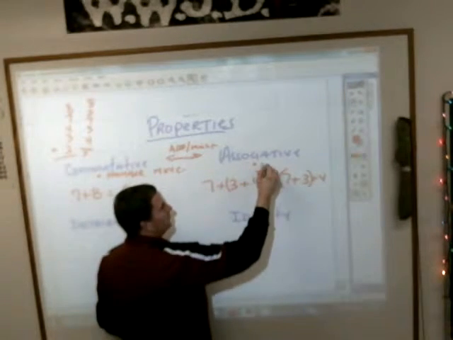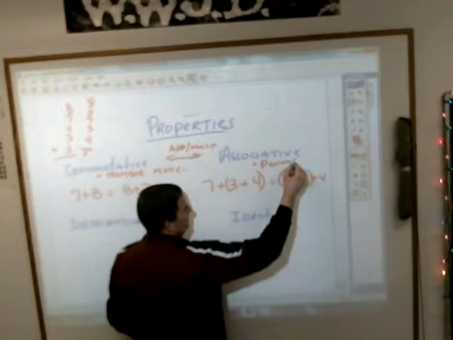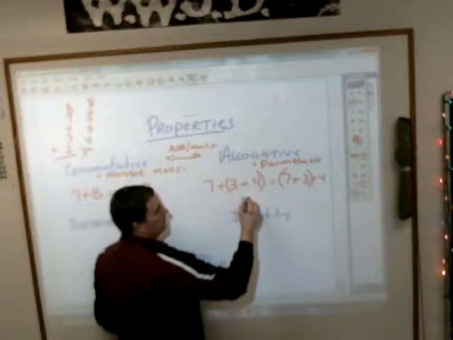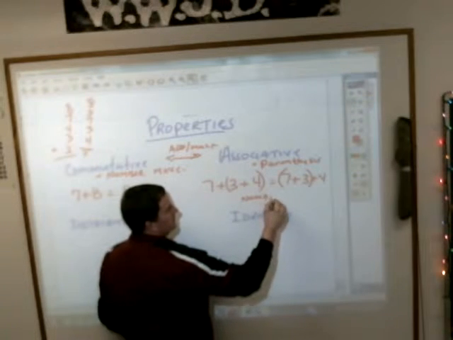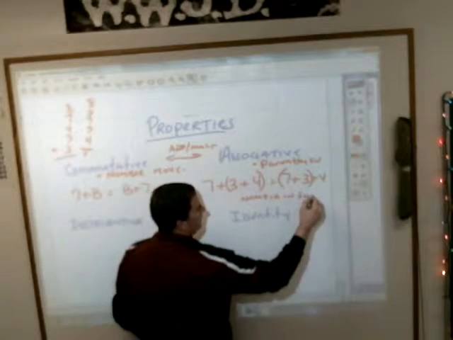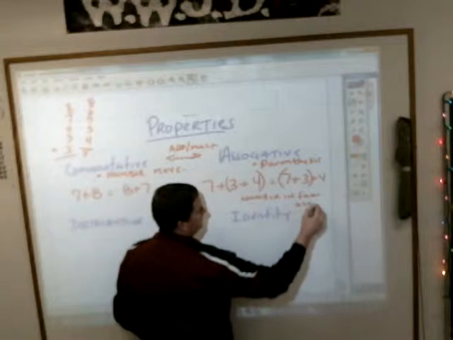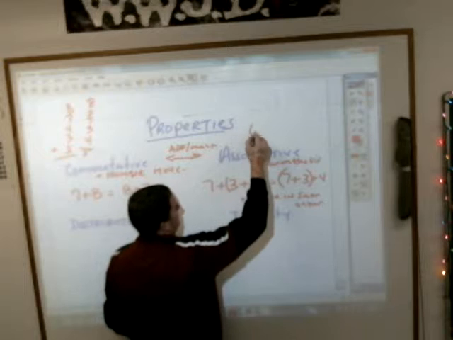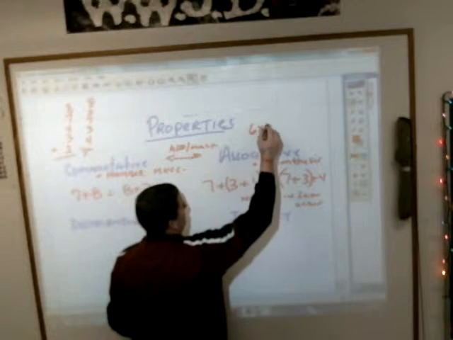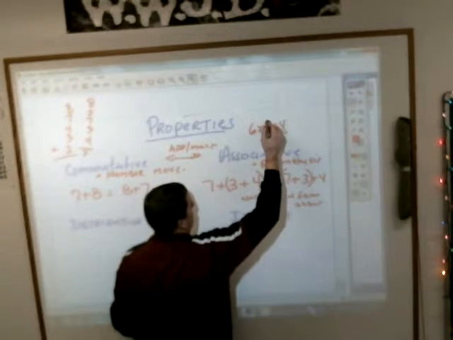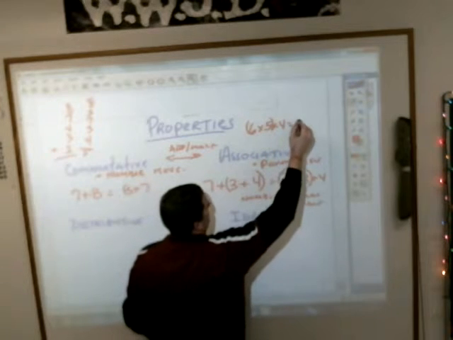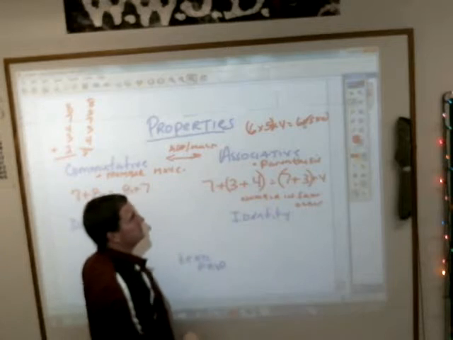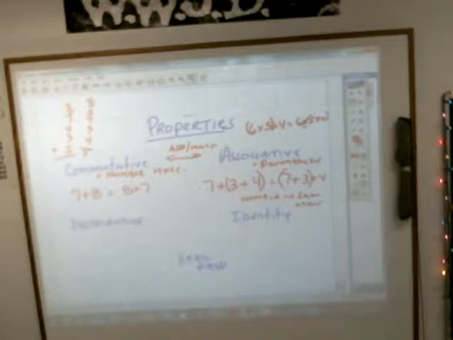You will always have parentheses with this. And the parentheses will move, but the numbers stay in the same order. And it doesn't matter whether, again, addition or multiplication. 6 times (5 times 4) is the same thing as (6 times 5) times 4. Different parentheses, different places.